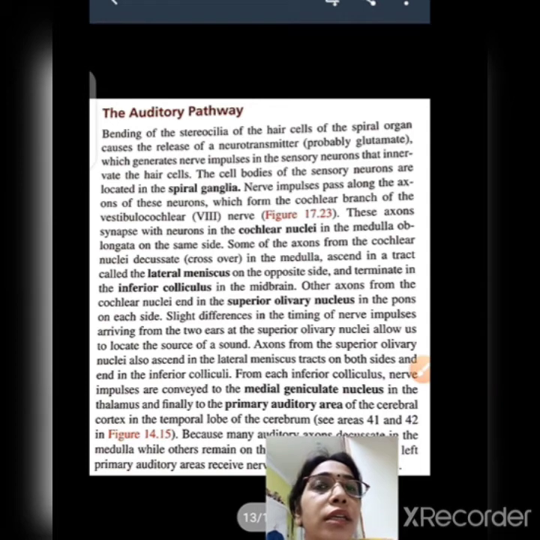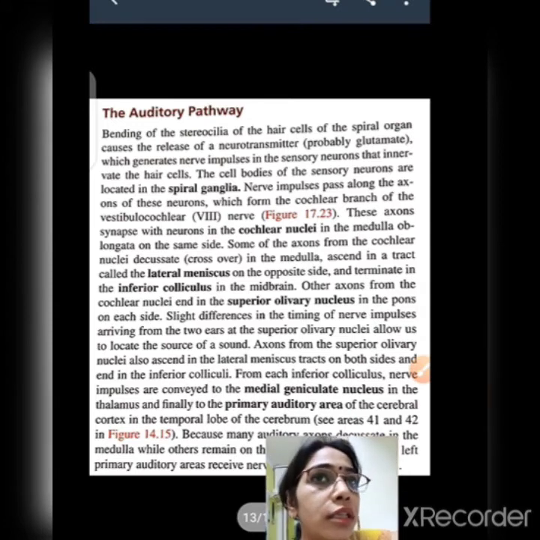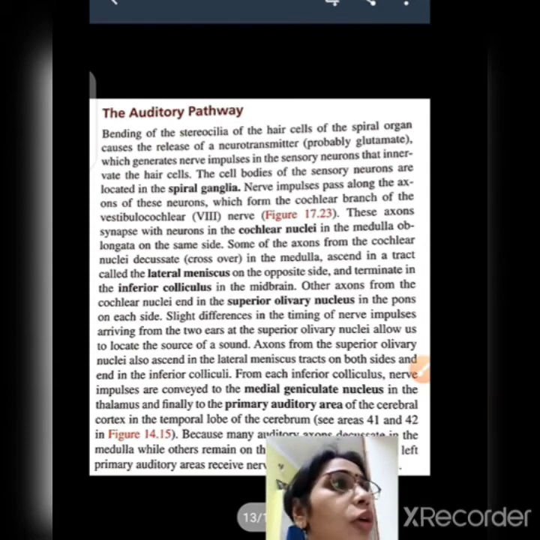Then in the internal ear, the various semicircular canals, the cochlea, the membranous labyrinth, the perilymph. Okay, and the endolymph is present in these canals, and the vestibule, and the various other structures. Okay, now what is the auditory pathway?